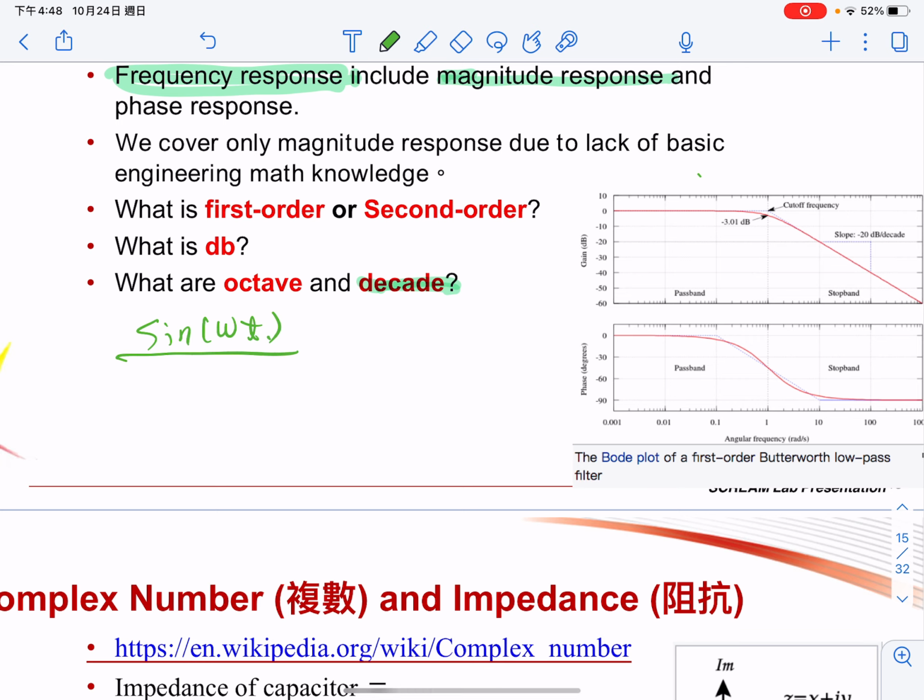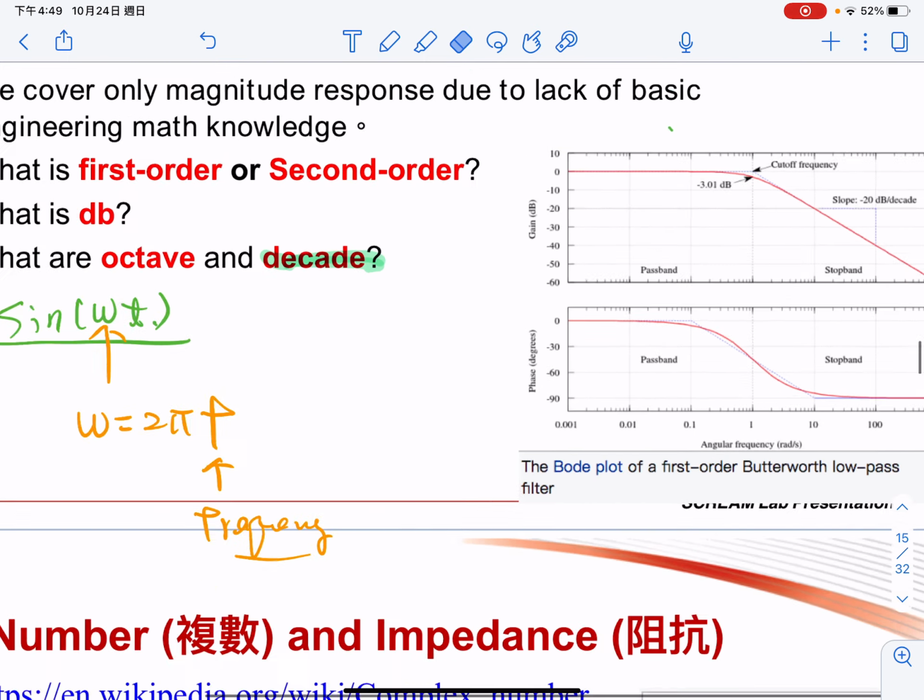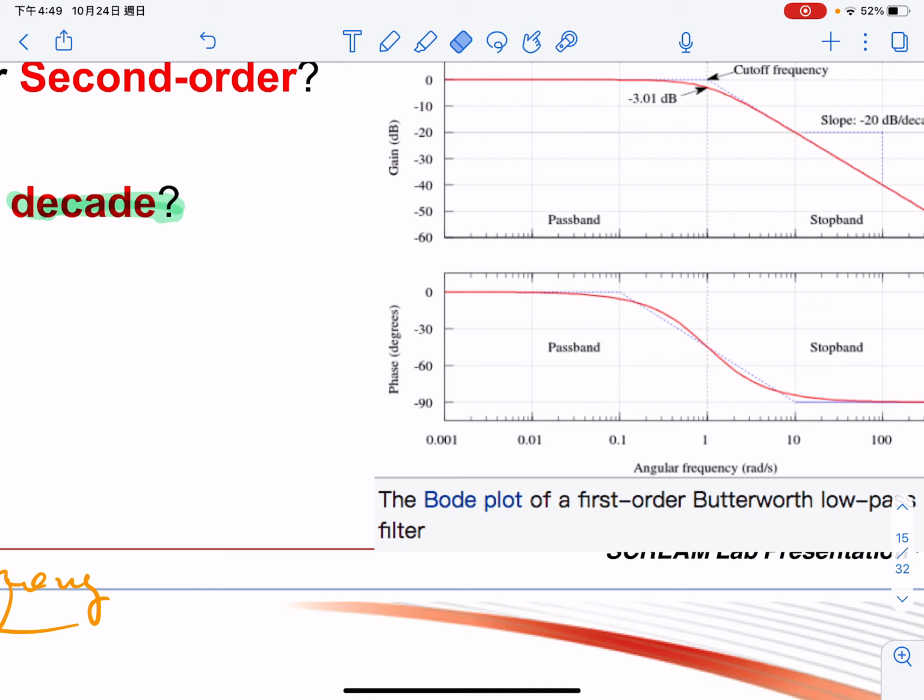So the phase is especially referred to the omega here. So omega is equal to 2 pi f, where f is the frequency. Meaning that at a specific frequency, how much is the phase altered? For example, at 10 hertz here.